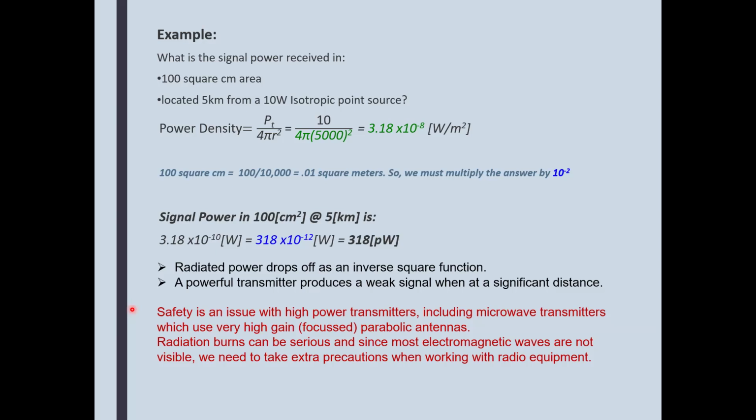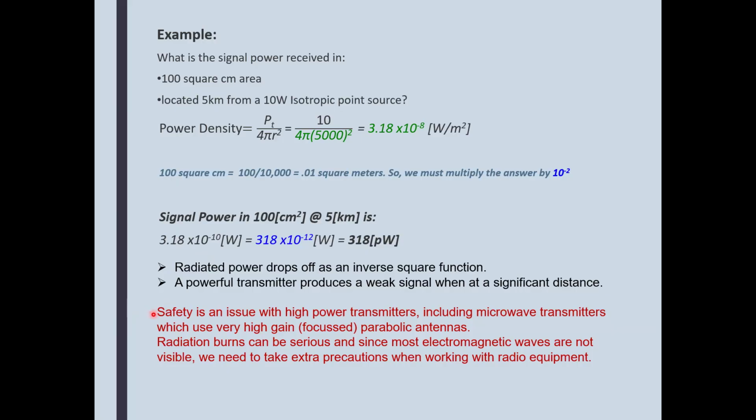People were not paying attention to the safety issue as they worked on those things, and some of them got burned pretty badly, and some lost their eyesight and so on. So standing beside a transmitter, or the transmitter antenna, is not a good idea.